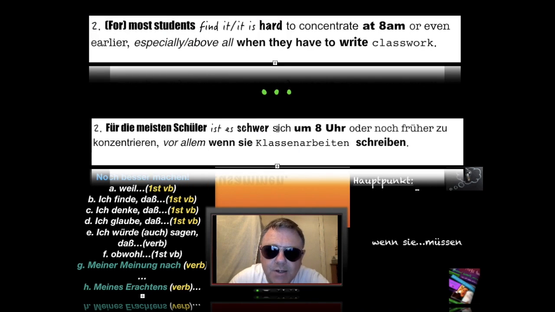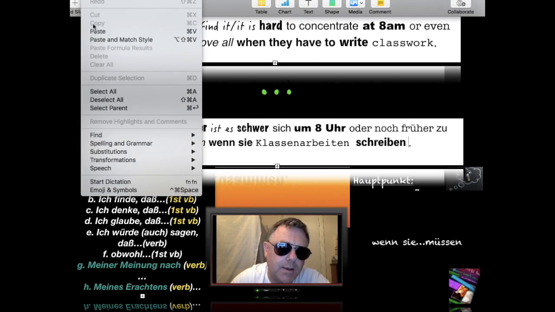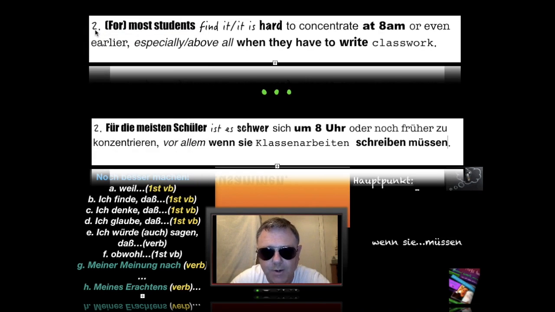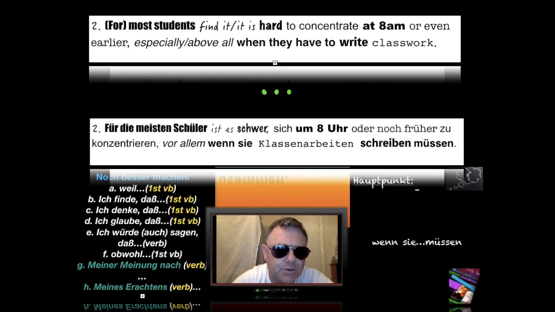So, müssen suddenly gets catapulted beyond the schreiben. Okay, like so. All right. So, wenn sie Klassenarbeiten schreiben müssen. When they have to write classwork. So vor allem, above all, some nice little words to use there. Okay, so quite a meaty sentence to master. Okay, so konzentrieren, sich konzentrieren, to concentrate.